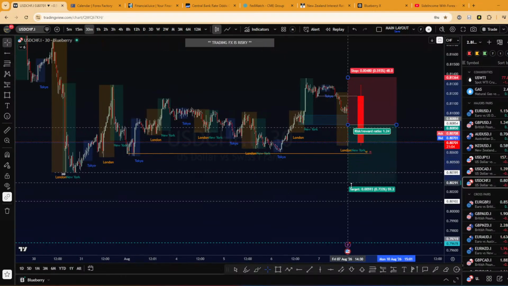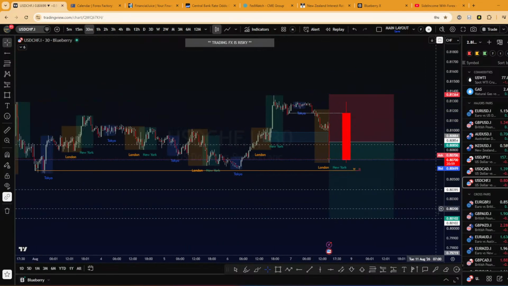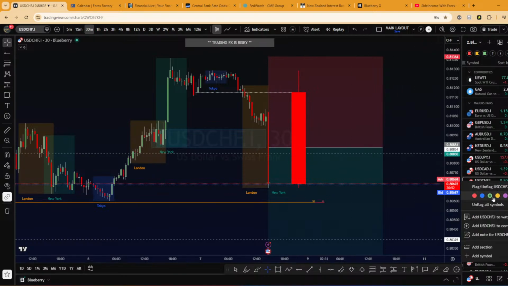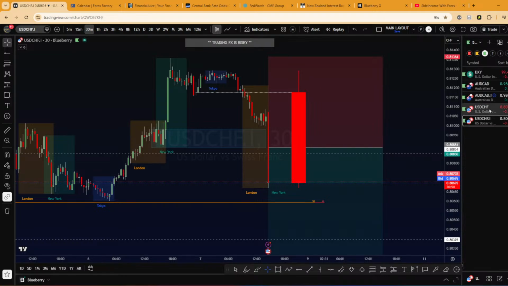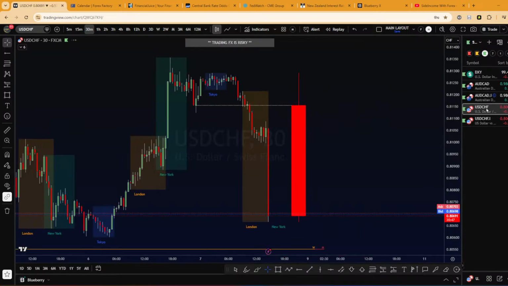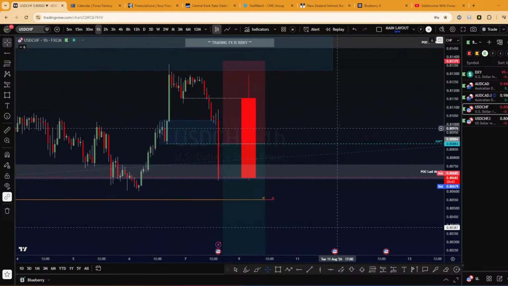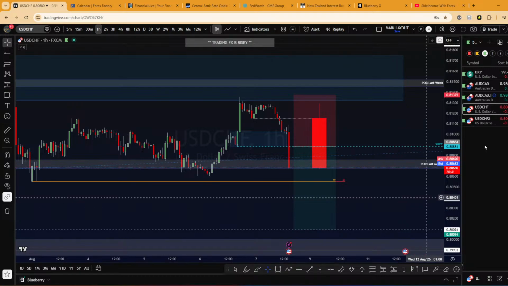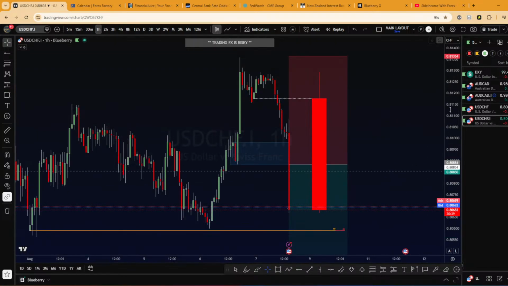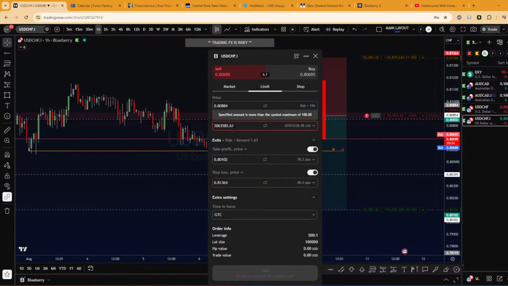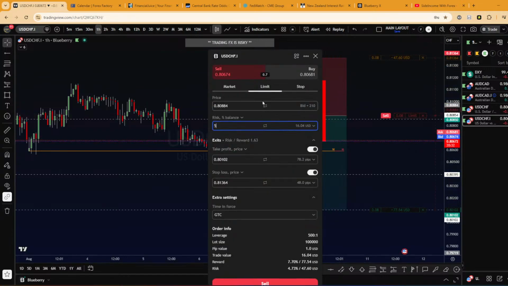So this will be very interesting. Yeah, this is if we get some retracement. Okay, so let's put an entry.